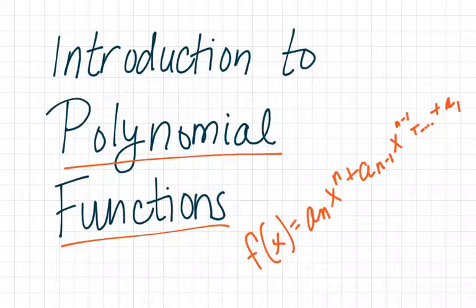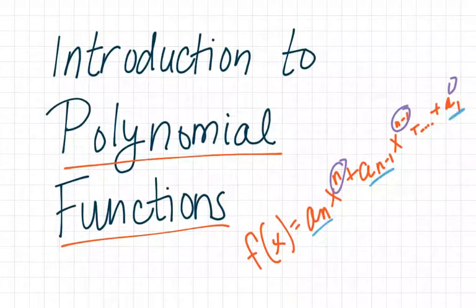And what has to be true about polynomial functions is that every term must have a positive integer power exponent. And so the coefficients can be any real numbers, but the powers must be positive integers.